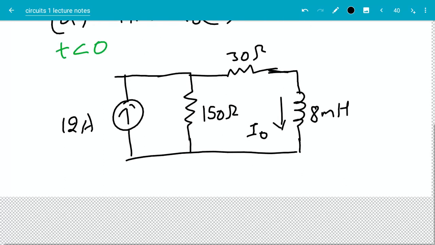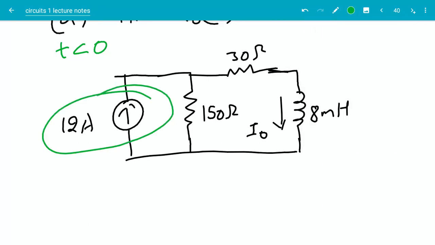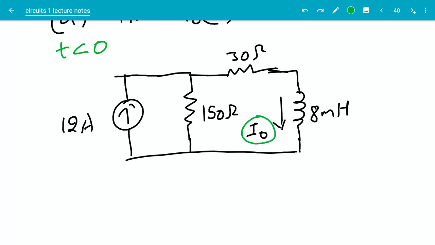Since this source is DC, under stable conditions all currents and voltages are DC. So I0 is a DC current, and the voltage drop across the inductor is 0. It's just acting like a simple wire, like a short.